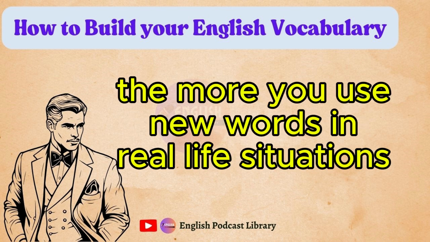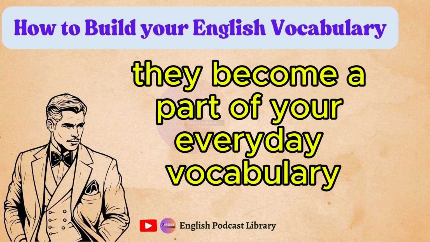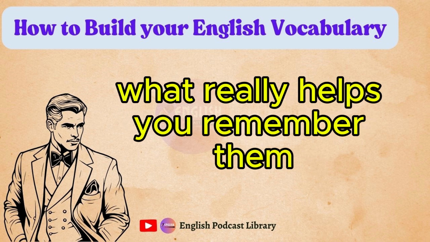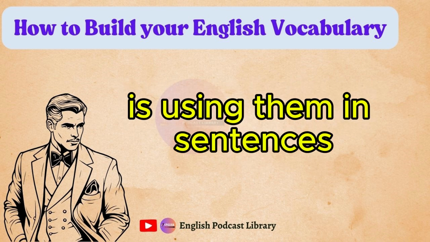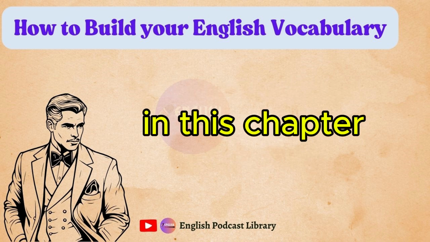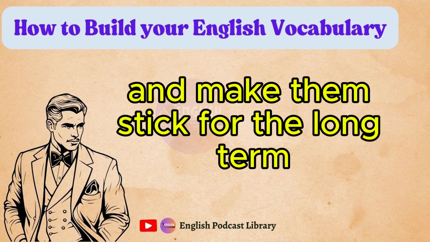The more you use new words in real-life situations, the more naturally they become a part of your everyday vocabulary. Memorizing words is just the beginning. What really helps you remember them is using them in sentences, conversations, and daily activities. In this chapter, we'll explore how you can practice new words and make them stick for the long term.